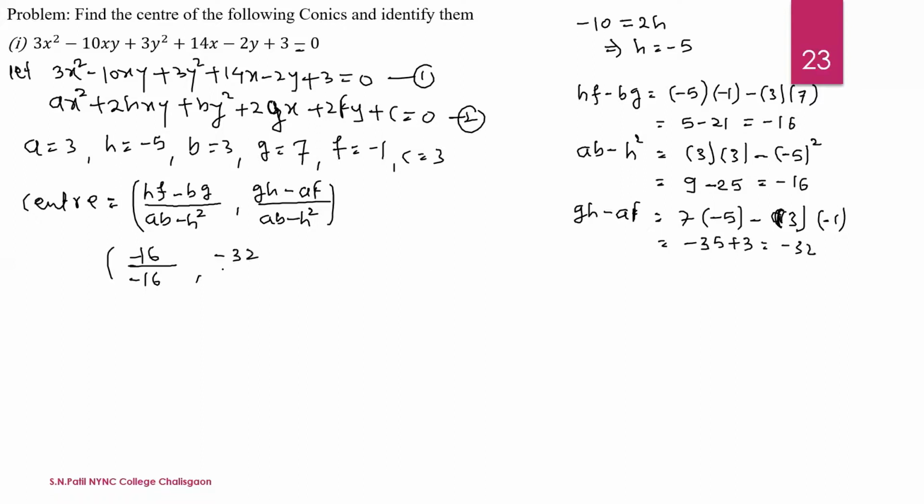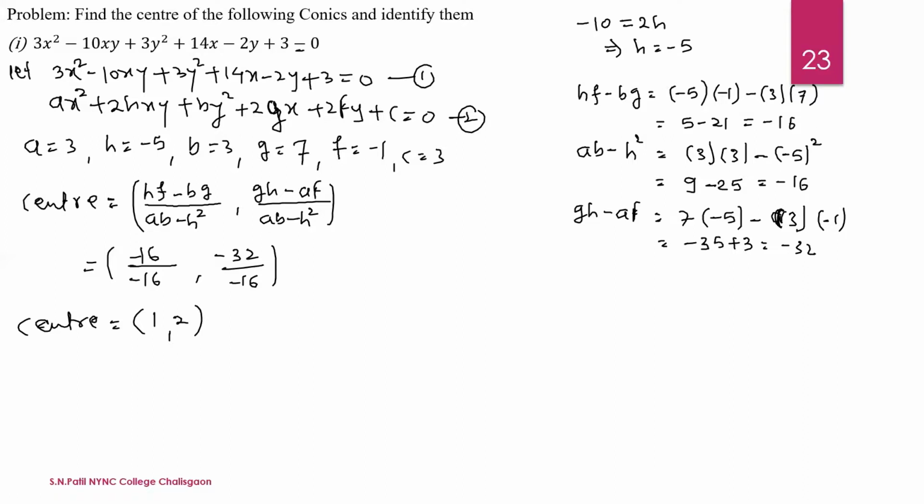Minus 32 divided by ab minus h square, calculated that is minus 16. So we get center is equal to, minus 16 is cancelled with minus 32, that is 1 by 2 is the center of the conic.